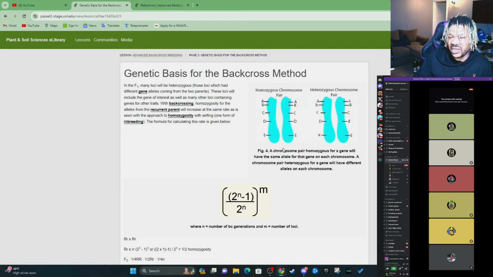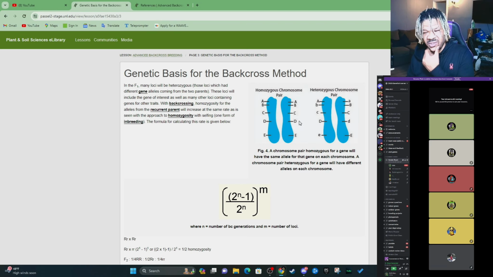Now, if we had just one of these, then that particular allele would be homozygous, but the entire chromosome pair would not be homozygous. And over here we have heterozygous, which we know. Each one is completely opposite, which is normal in how things work in an outcross.